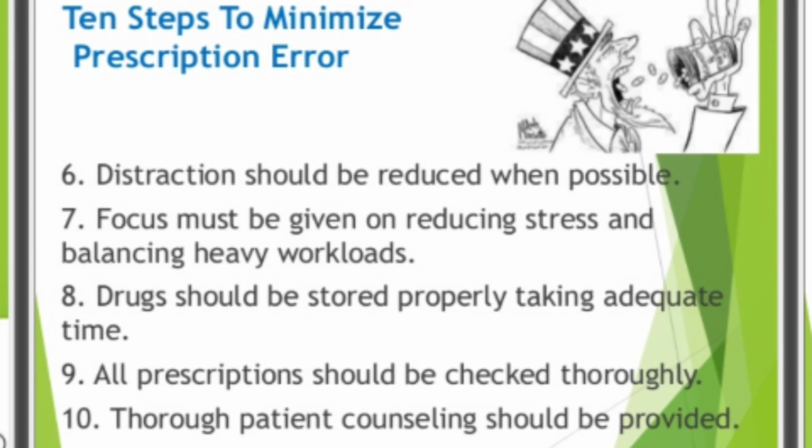Focus must also be given to reducing stress, anxiety and balancing heavy workloads. Drugs should be stored properly, all prescriptions should be checked thoroughly, and thorough patient counseling should be provided.